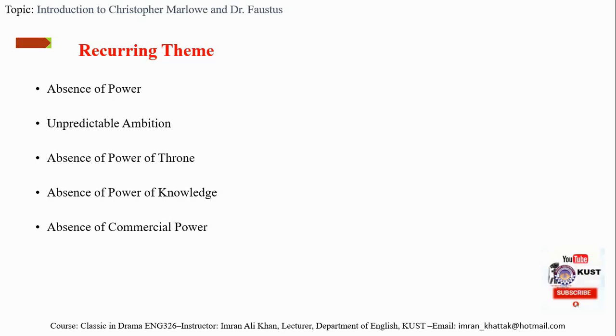While analyzing Marlowe's dramas, we see how individual ambitions negotiate with structures, that is the social structure and the religious structure. So this is individual ambition versus society. It might be called a theme of predestination.